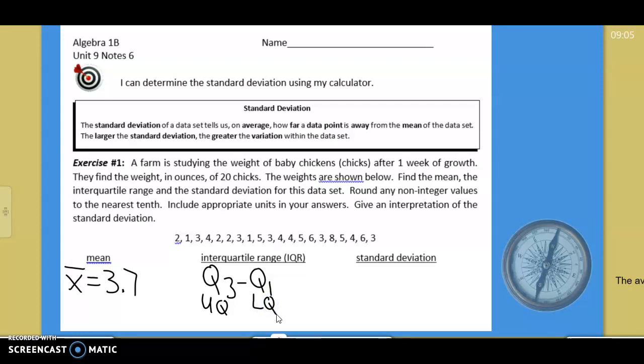If we're looking at this in terms of a box, it's the Q1 here and the Q3 there. We're not taking into account the middle line, which is the median. This helps us out because it relates the standard deviation to how far away we are from the median. In terms of the box and whisker plot, standard deviation is along the lines of the mean. So a similar concept here.